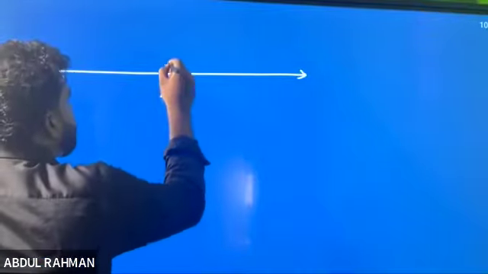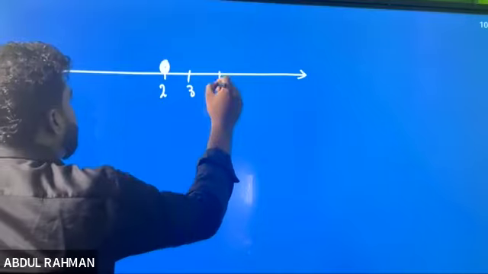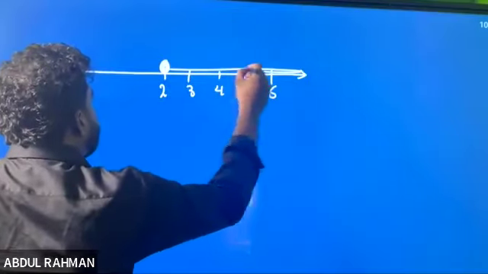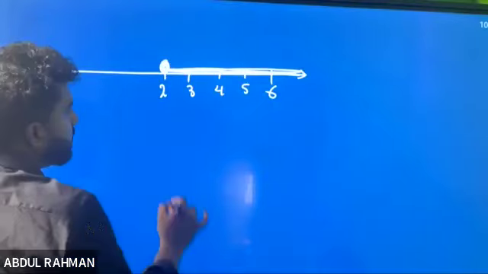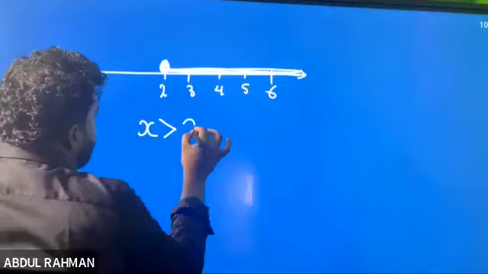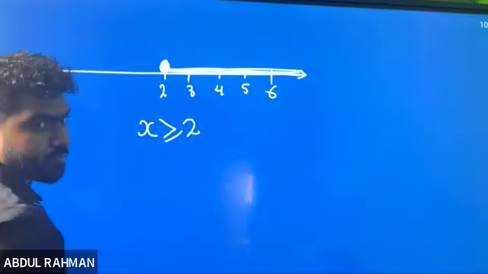If 2 is colored and 3, 4, 5, 6 are colored on this side, how will you write this inequality? x is greater than, as I have colored this, you will write equal.